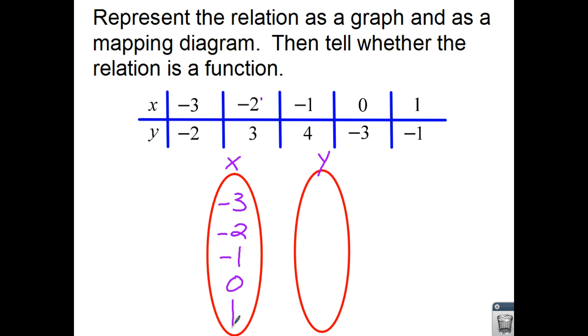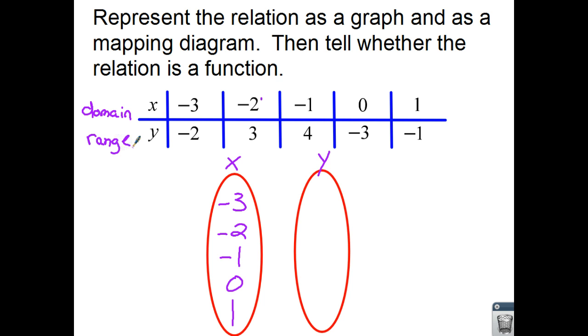All right, now my outputs are my y values, also known as my range. So we have the inputs or the domain, and we have our outputs, also known as the range.